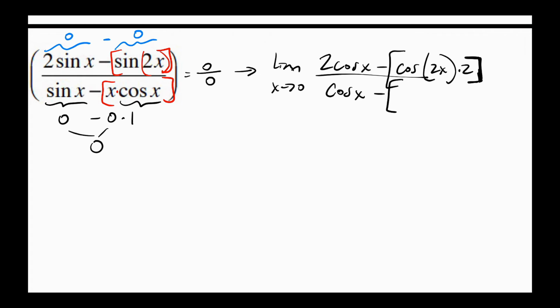So I have x, first times the derivative of the second. So the derivative of cosine is negative sine, plus the opposite, 1 times cosine, plus cosine.